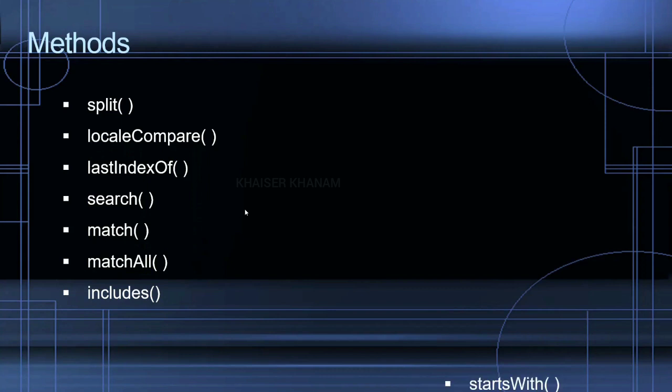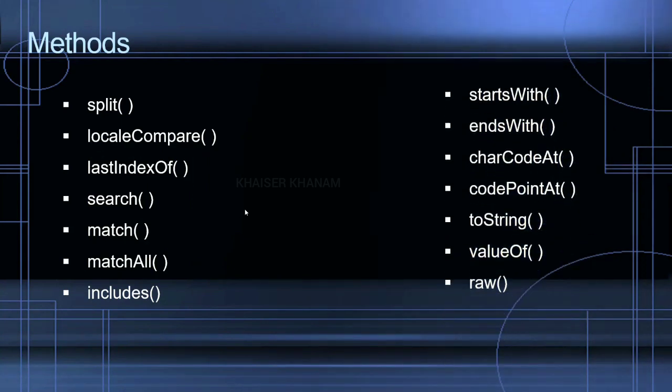If you want, you can take a screenshot or note them down. We will study all these methods one by one because they are very useful, and at some point they will be used in our projects as well. So we will be learning every method in JavaScript related to string.